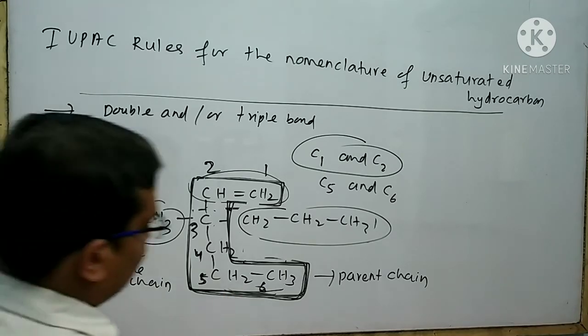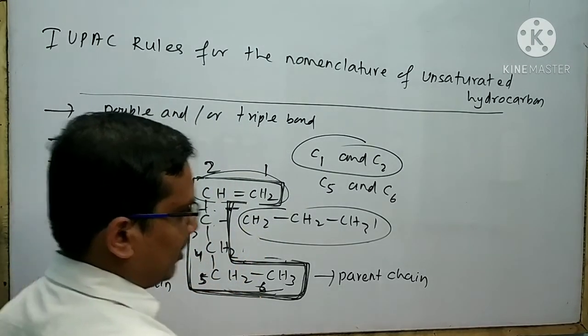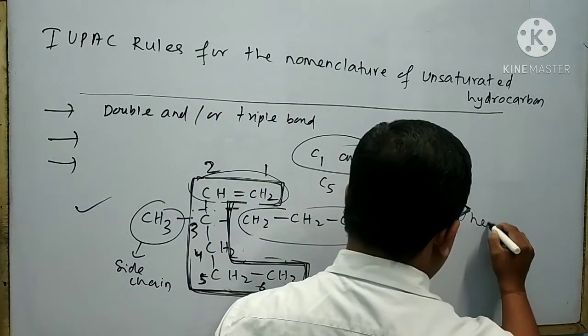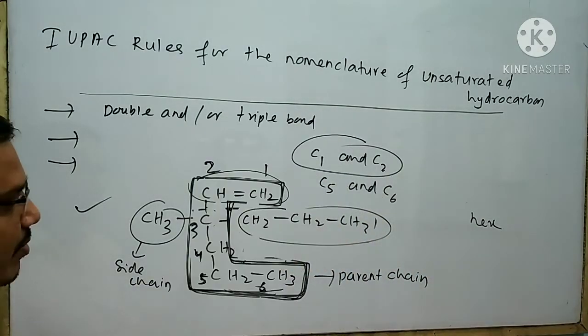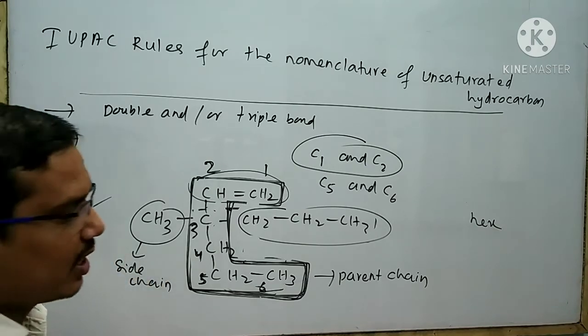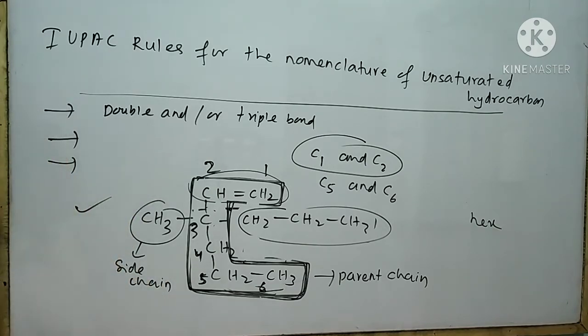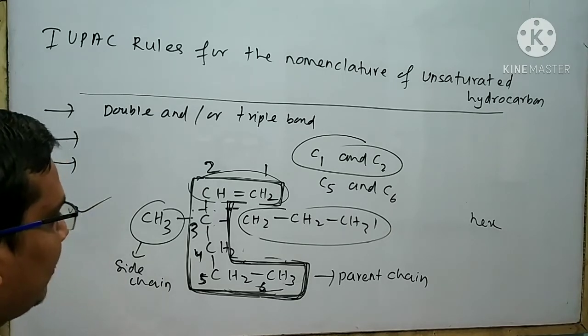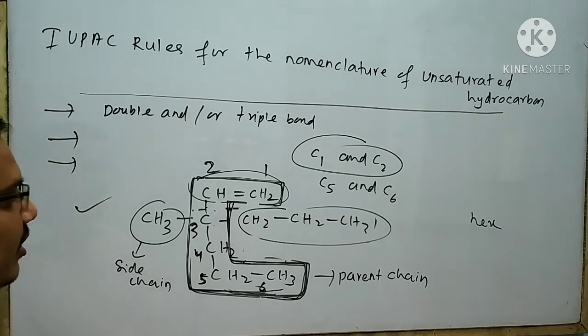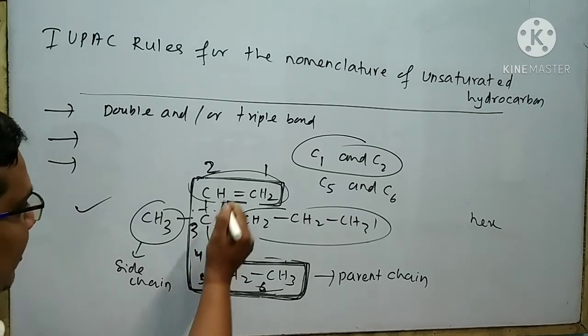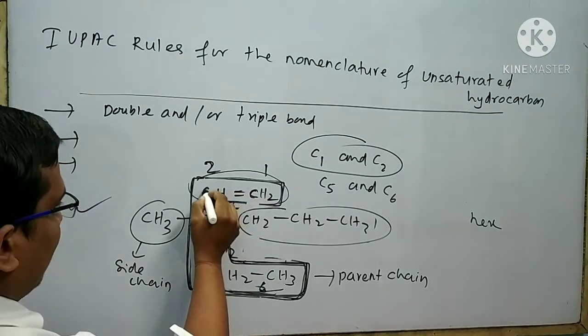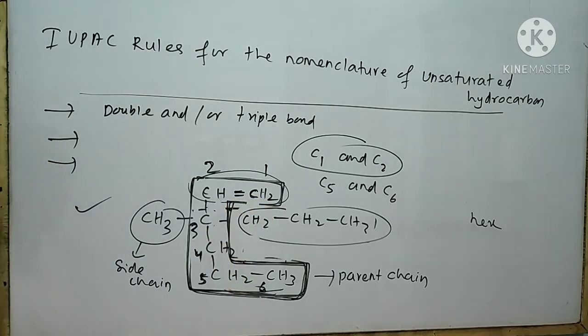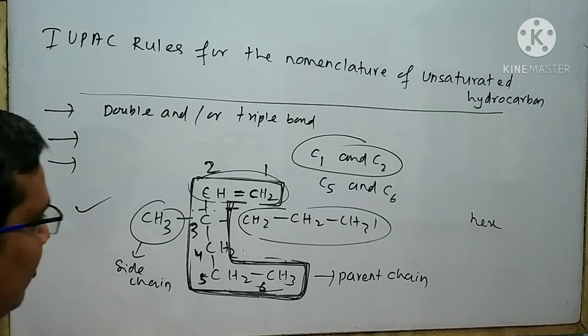Now write the name of this compound. Look at that, here 6 carbon atoms are present, so the word root is hex. Remember an important point, if any carbon atoms are bonded through a double bond, then it is bound to use the primary suffix ene. Look at that, here these two carbon atoms contain a double bond and the other carbon atoms carry single bonds.